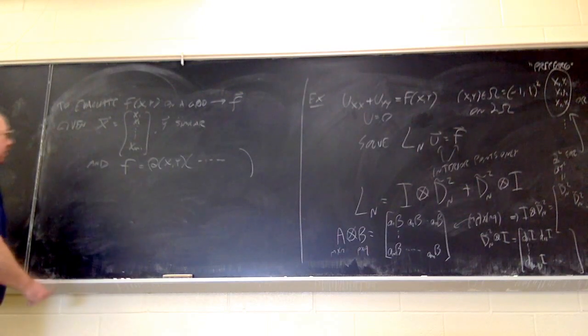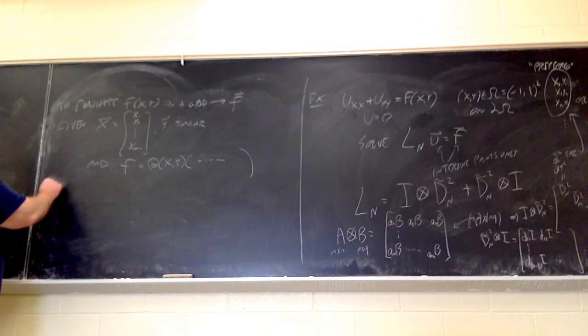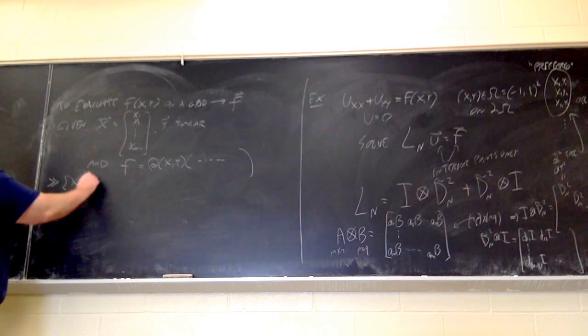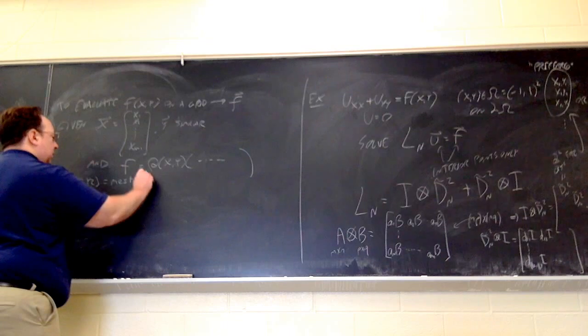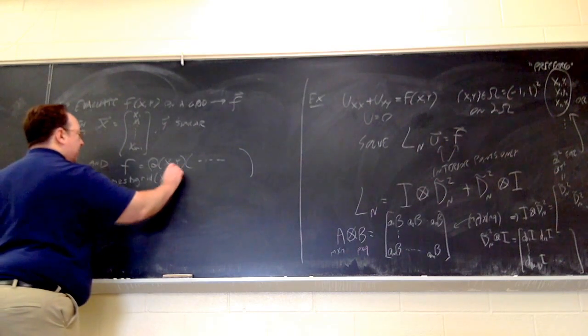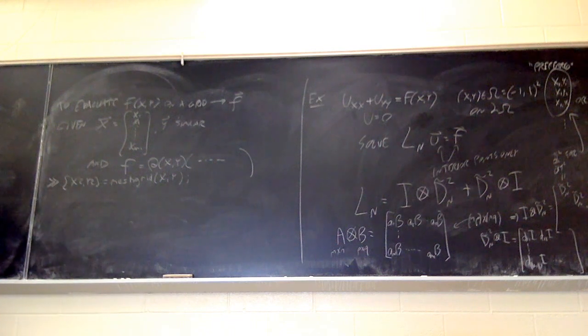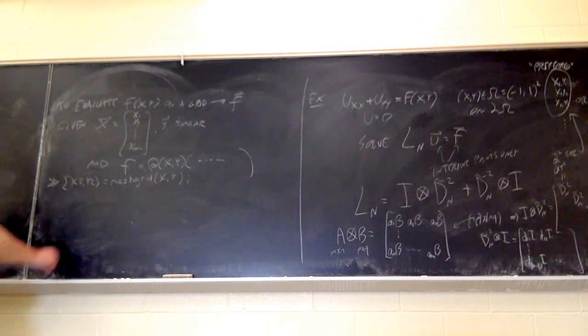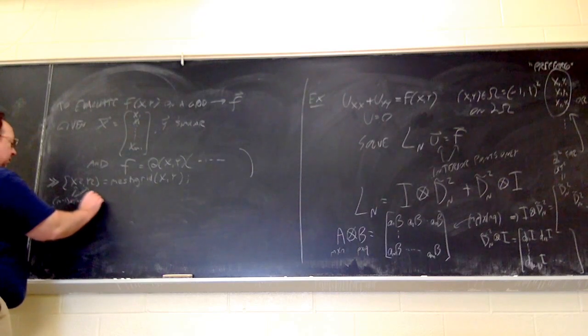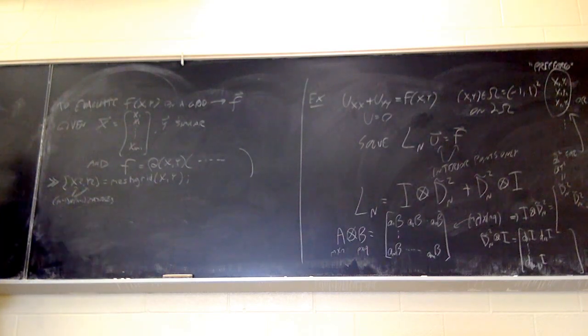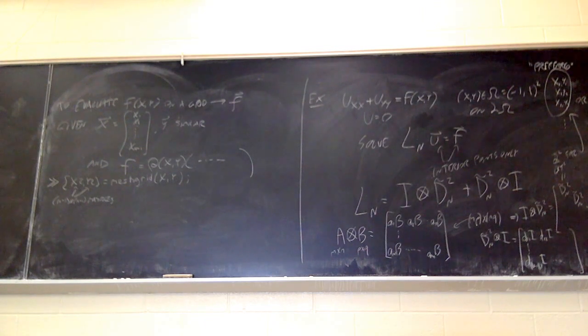Then here's what I can do. I can say x2, y2 is equal to meshgrid, and I pass in the vectors x and y. And what that outputs are x2 and y2, matrices that give you the x and y coordinates, respectively, of all the points on your grid.